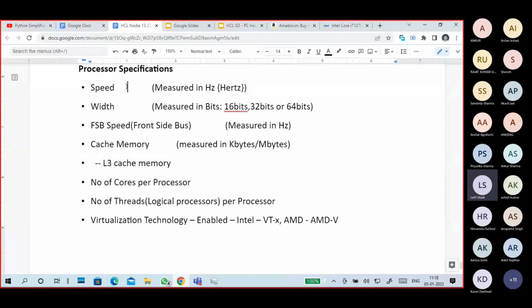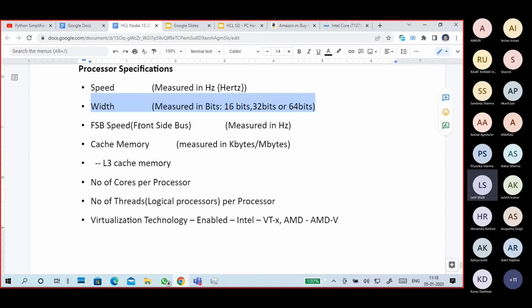We should find the speed of the processor. And next, width, not bandwidth, I mean whether it's a 64-bit processor or a 32-bit processor. Of course, 16-bit processors are not there now. Nowadays most of the processors are 64-bit processors only.